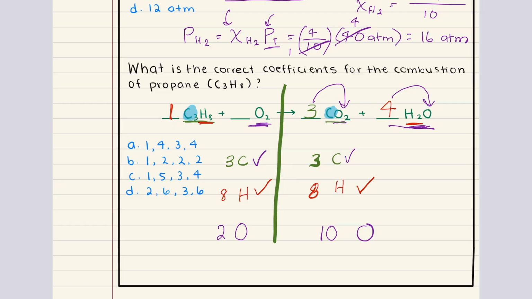To make sure they balance each other out, we're going to add a coefficient of 5 in front of oxygen gas. Now we have 10 oxygen atoms on both the reactant and product side. And now everything's balanced. This is a balanced chemical equation, and the coefficients are 1, 5, 3, 4. So answer choice C.